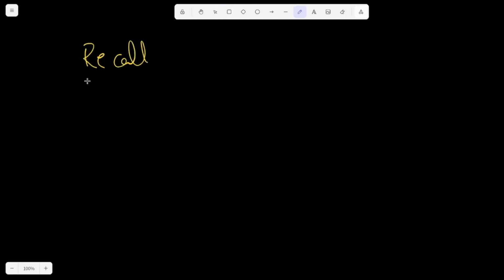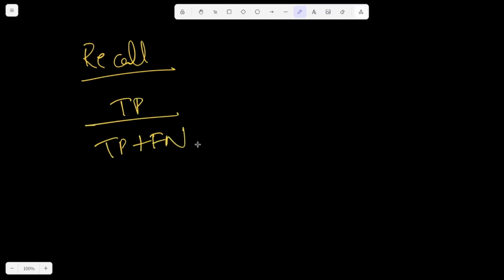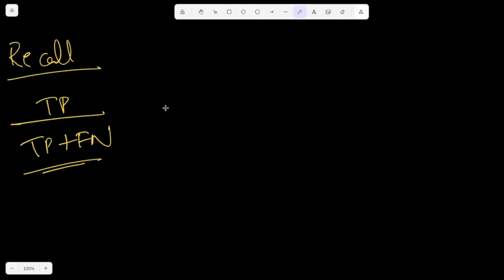Now recall is given by the formula of true positive divided by true positive plus false negative. Let's look at the denominator first and try to understand what is going on. When you say true positive plus false negative, we're referring to the model predictions here. So let's say we have two classes, class 1 and class 2, and we're trying to calculate the recall for class 1.